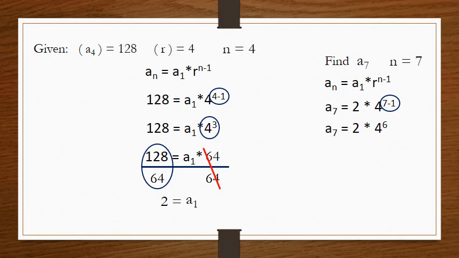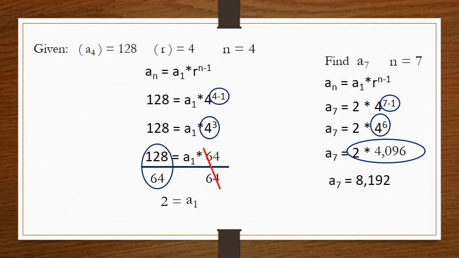So, solve muna natin ang 7 minus 1 magiging 6. Then, 4 to the 6th is equivalent to 4,096, times 2 is equivalent to 8,192.